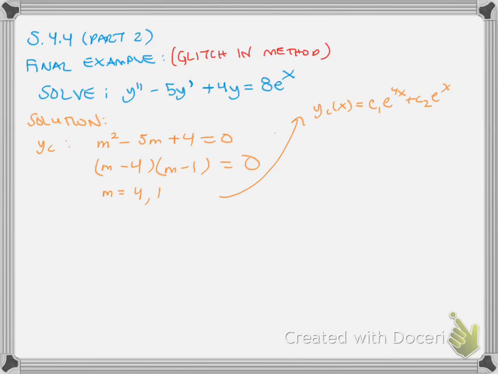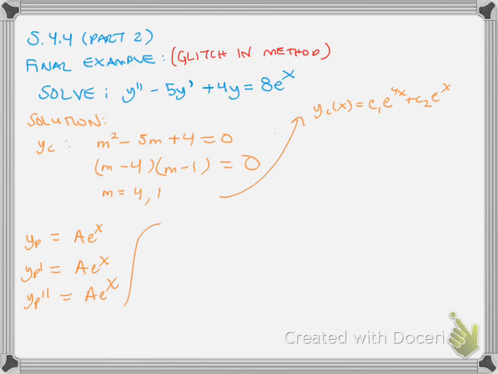Now looking at finding y_p, our particular solution, according to the table and how we would set it up, we would start off with y_p equals A e to the x. Let's see what happens. Well, we take y_p prime, we get A e to the x, and we actually get A e to the x for all of them.